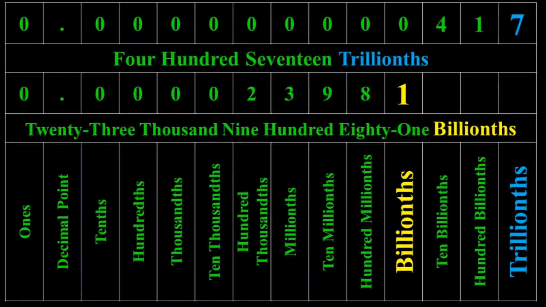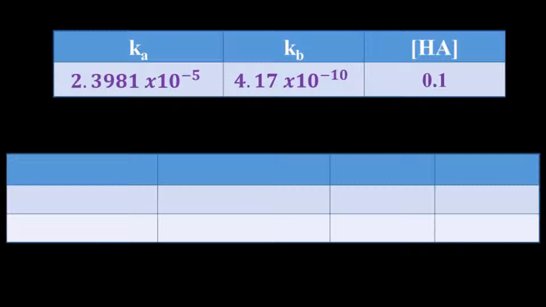And the Ka is also very small, would be 23,981 billionths. So these numbers are both very small, so it's doubtful whether or not the values between the estimated and the accurate would be terribly dissimilar.